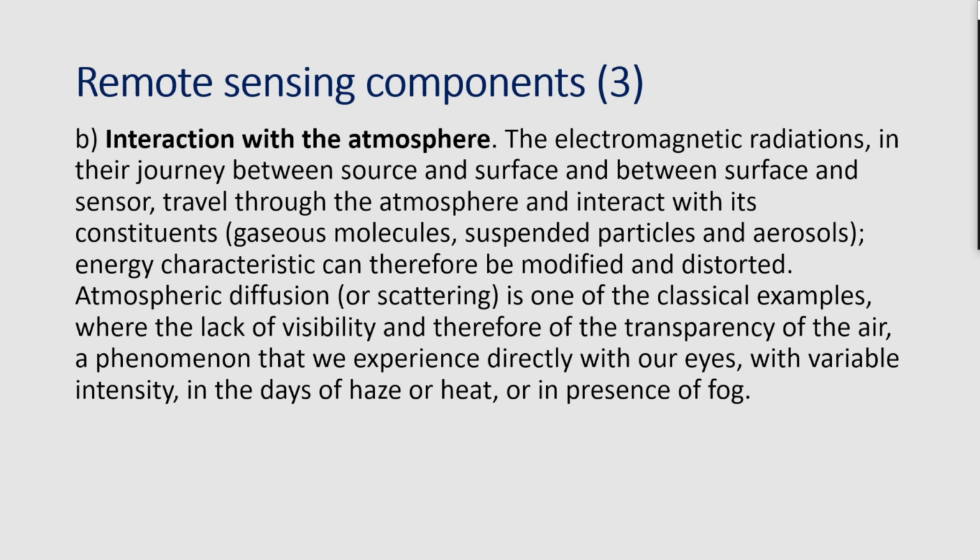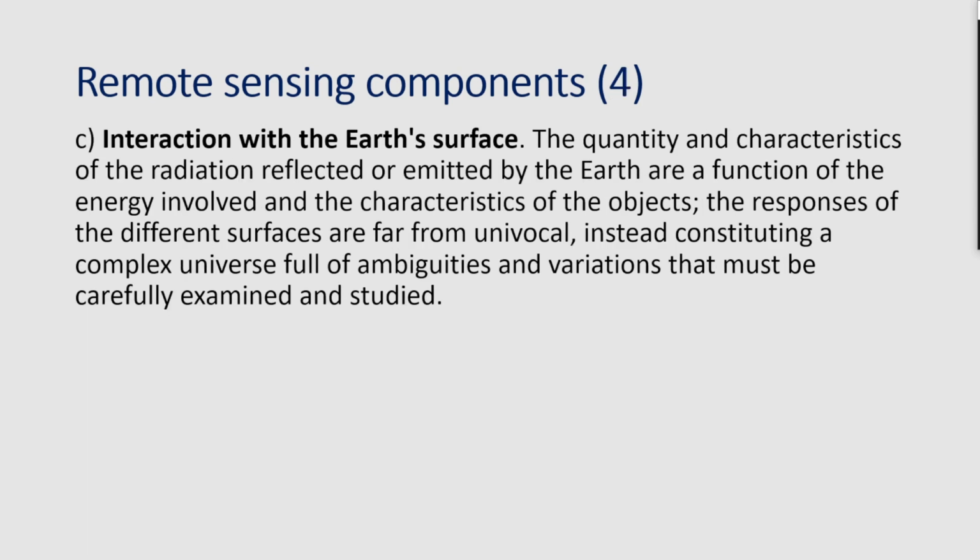Energy characteristic can therefore be modified and distorted. Atmospheric diffusion, or scattering, is one of the classical examples, where the lack of visibility and therefore of the transparency of the air, a phenomenon that we experience directly with our eyes, with variable intensity, in the days of haze or heat, or in presence of fog.